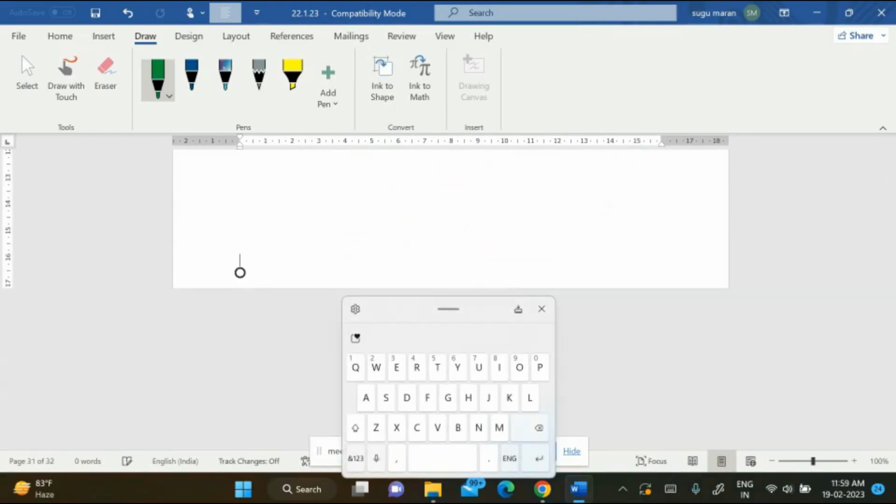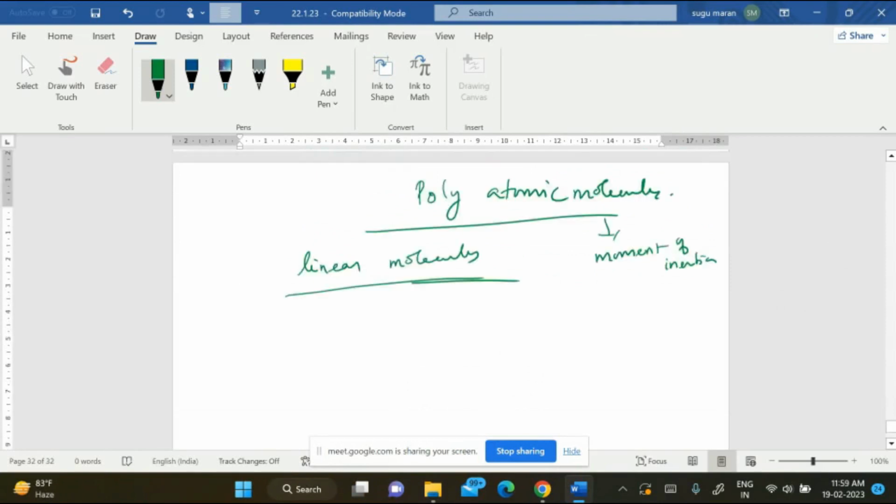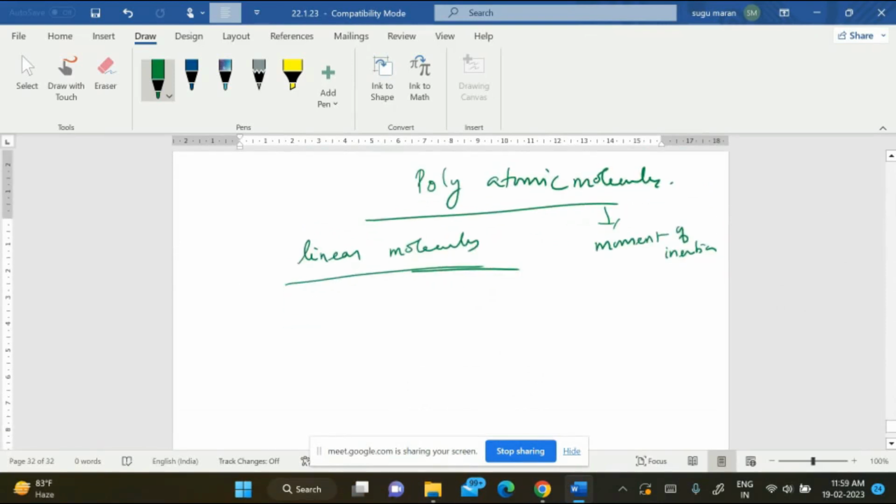For the linear molecule, I_A is equal to 0. So along the molecular axis, the moment of inertia is 0. But the other two axes, which are perpendicular to the molecular axis, like your x, y, z direction, I_B and I_C, are equal.